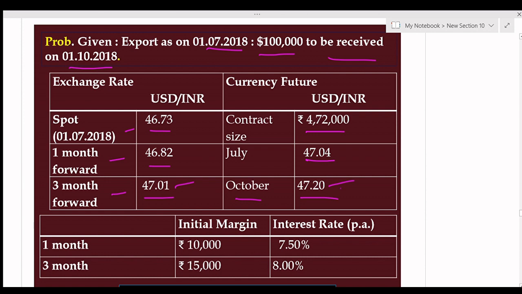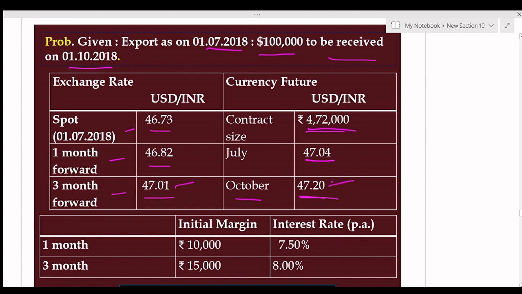First you have to find out the lot number. Contract size is equal to lot size multiplied with the exchange rate. You divide 4,72,000 by 47.20, and that will be $10,000. $10,000 is the lot size.